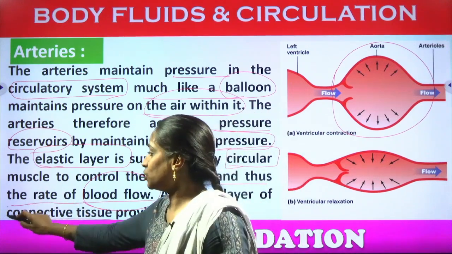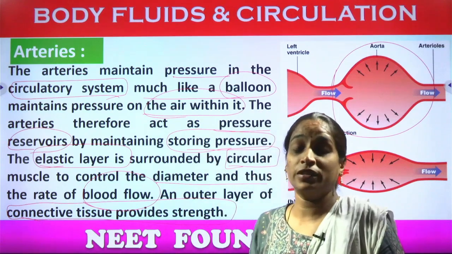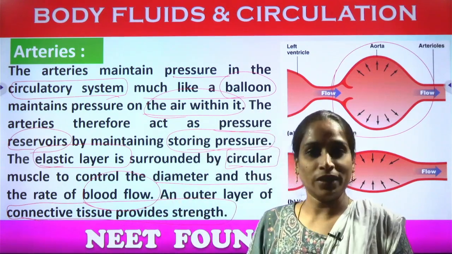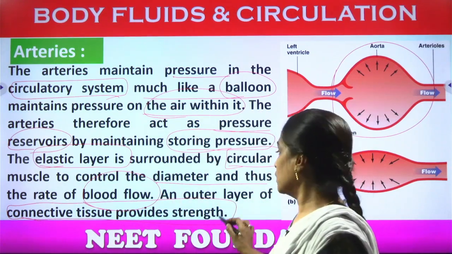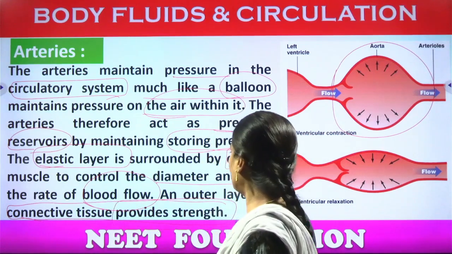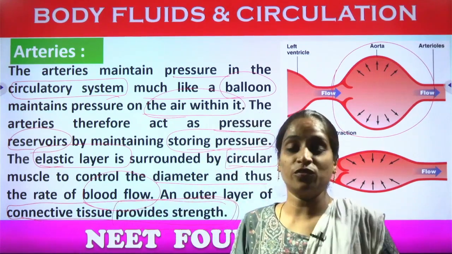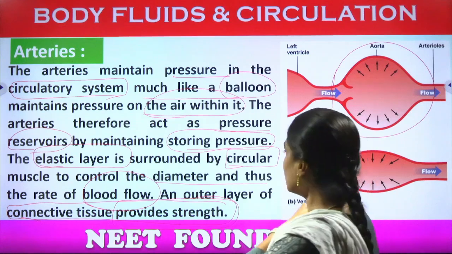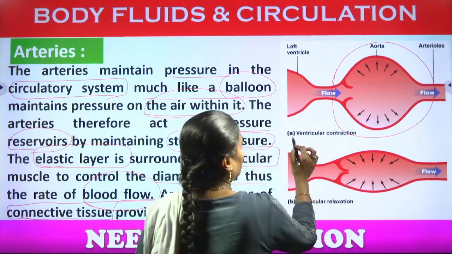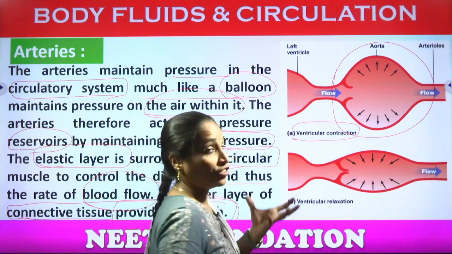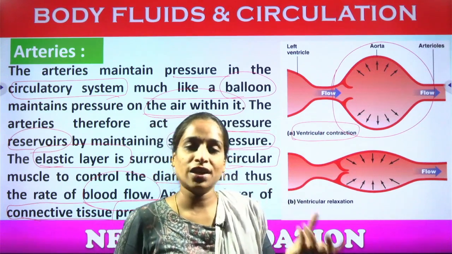What is a connective tissue? It might be the bone or it might be the fluid connective tissue, blood itself. So it gives the strength, it seems. For whom? For the layers of the blood vessels. Okay, next, see here, this is the ventricular contraction, the left ventricle and the right ventricle.